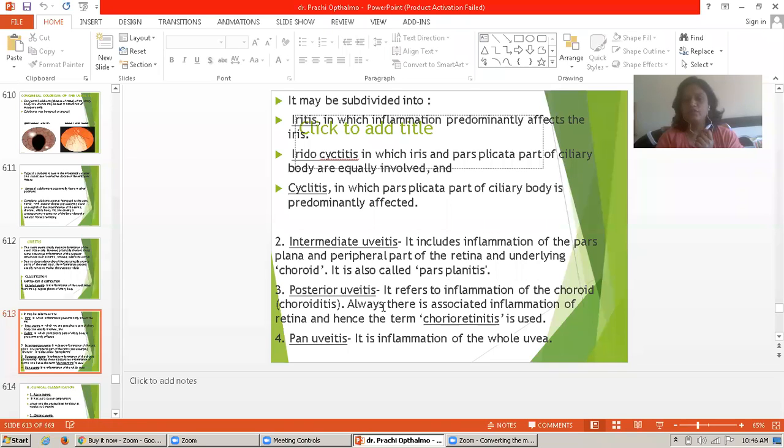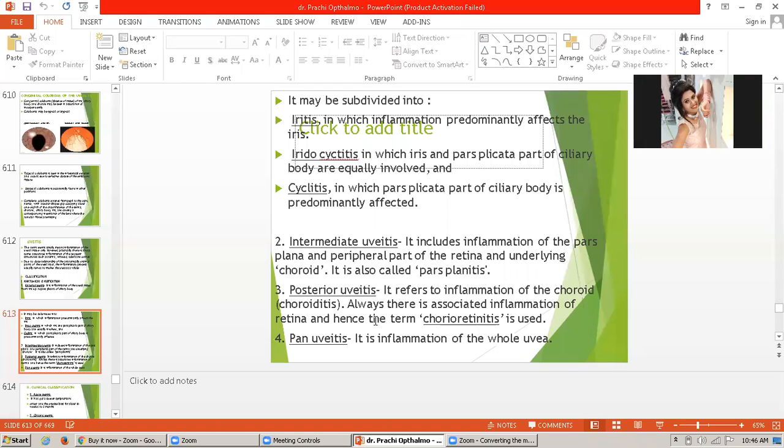In the posterior uveitis, there is inflammation of the choroid, that is choroiditis, and there is always an associated inflammation of the retina, and hence the term chorioretinitis is used. So there is inflammation of the choroid, the posterior part, so it is called posterior uveitis, and it is always associated with inflammation of the retina.